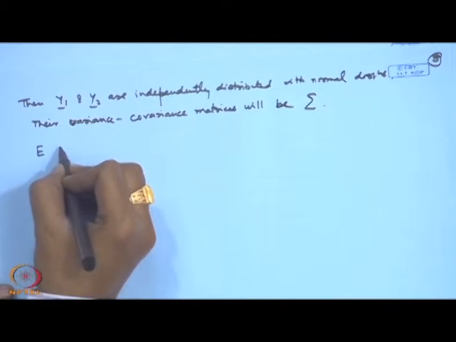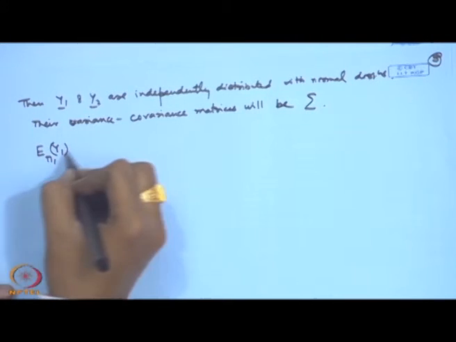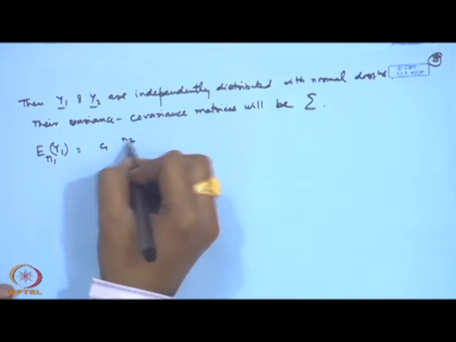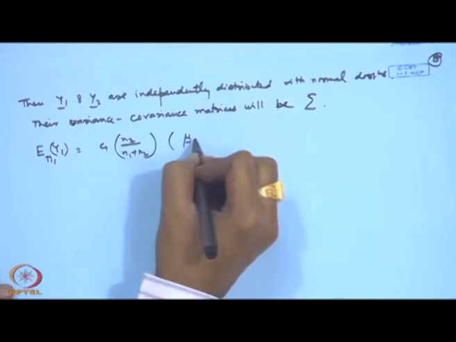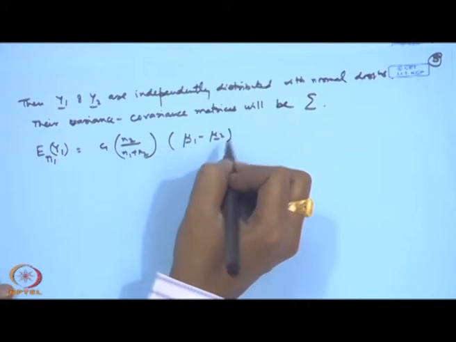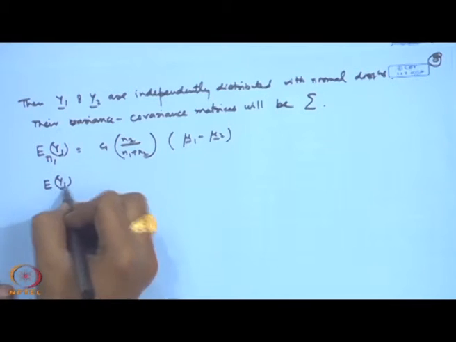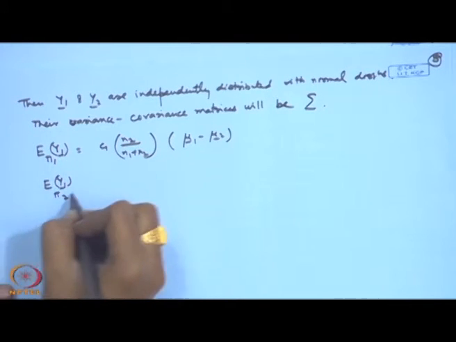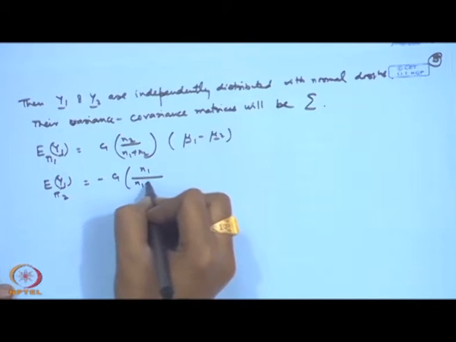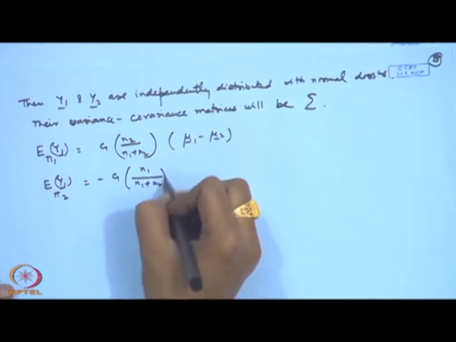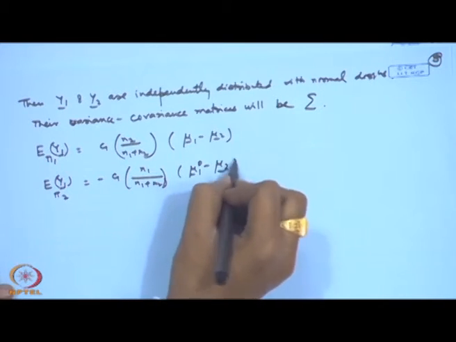Then expectation of y 1 under pi 1 will be equal to C 1 n 2 by (n 1 plus n 2) times (mu 1 minus mu 2), and expectation of y 1 under pi 2 will be equal to minus C 1 n 1 by (n 1 plus n 2) times (mu 1 minus mu 2).